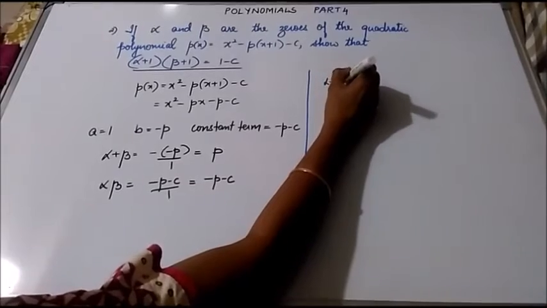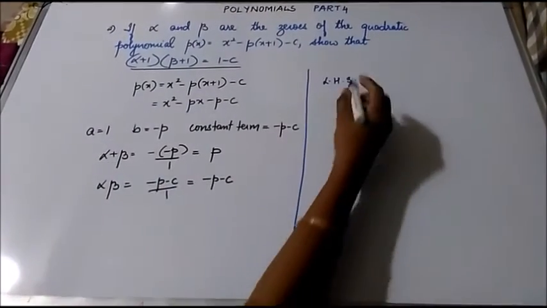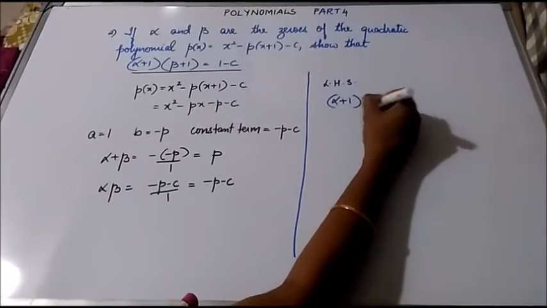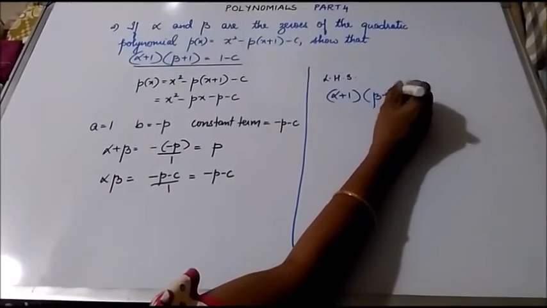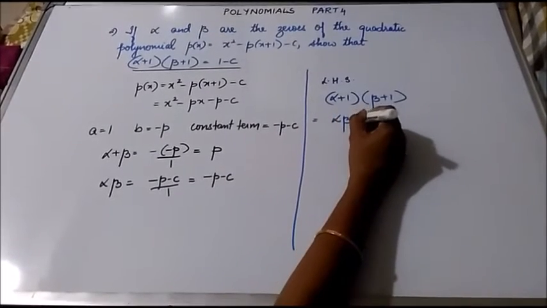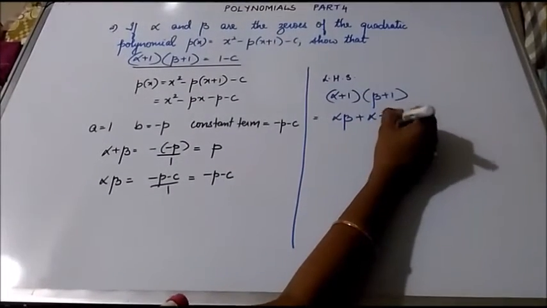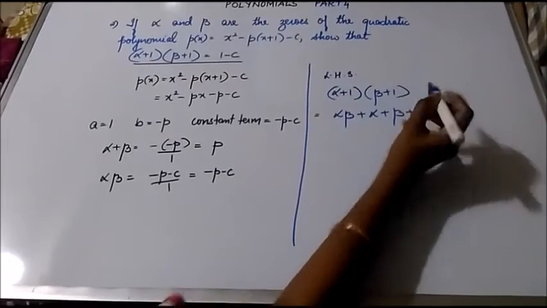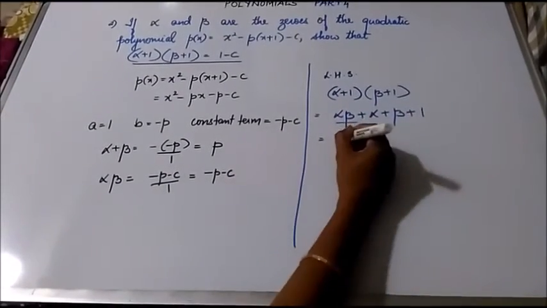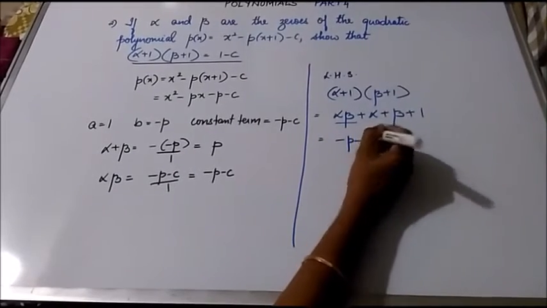On the left-hand side, we have (alpha + 1)(beta + 1). We open the bracket and get alpha beta + alpha + beta + 1. What is alpha into beta? We have here minus p minus c.